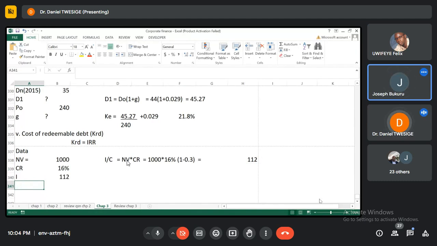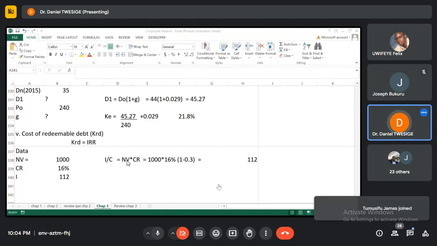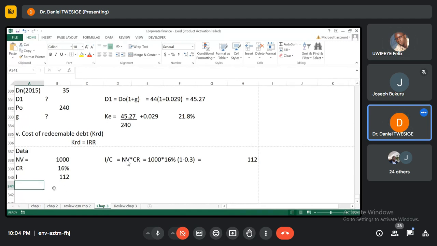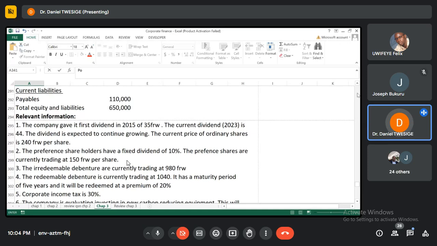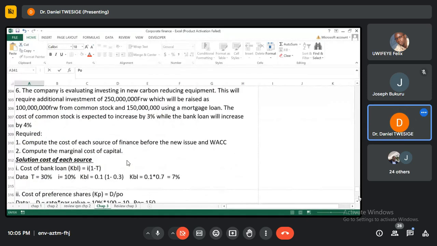Nominal value. Then what I need is the current market price of the debt. Is it given? I can check my data. If I look at information number 4, I have the current market price, which is trading at 1040.